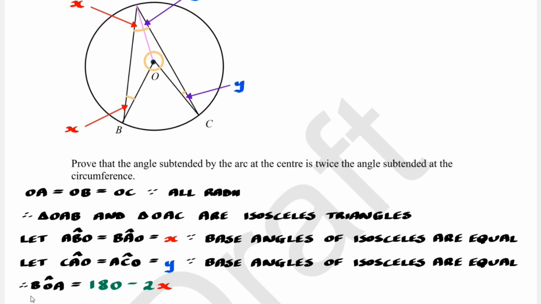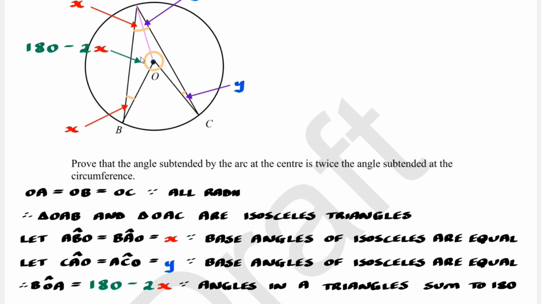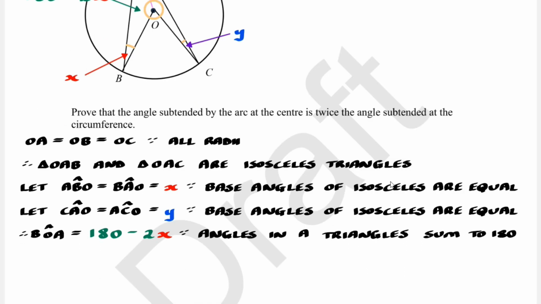And therefore, at this point, because angles in a triangle sum to 180, the angle BOA is equal to 180 subtract 2x, because angles in a triangle sum to 180, and that's shown here. And similarly, the angle COA is equal to 180 subtract 2y.